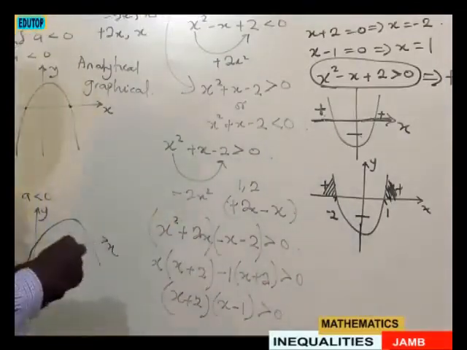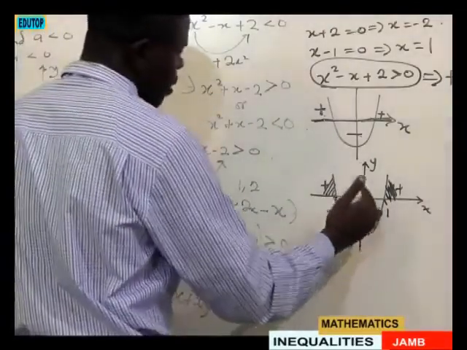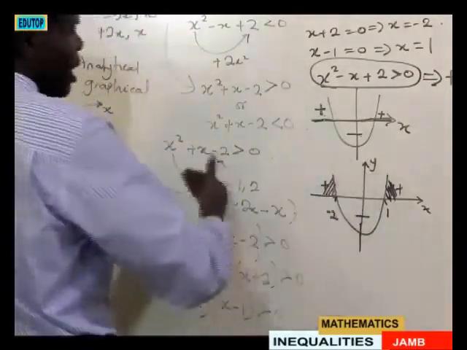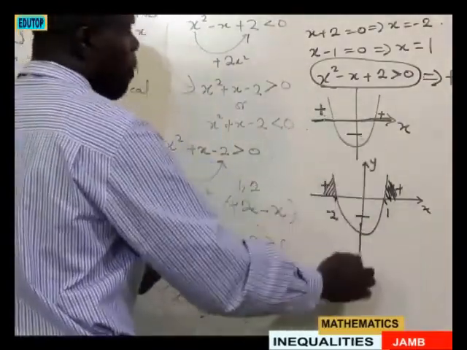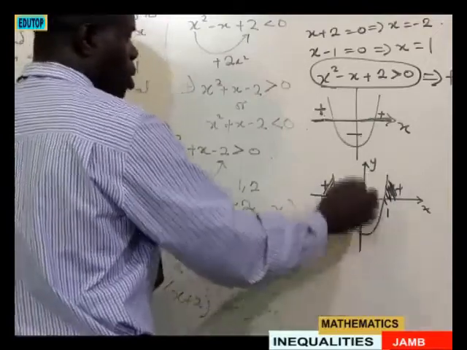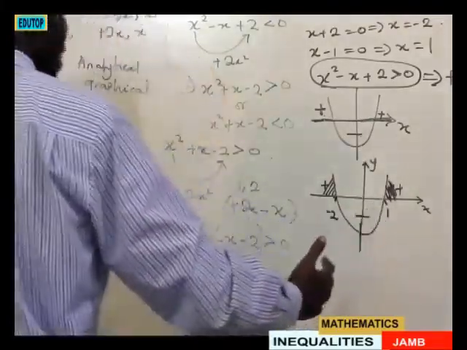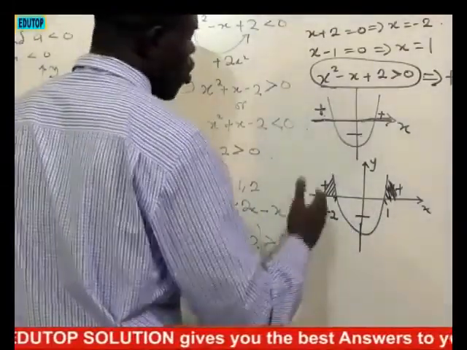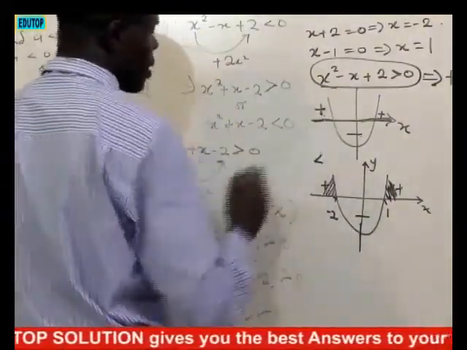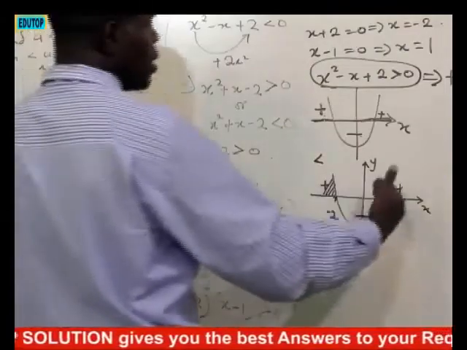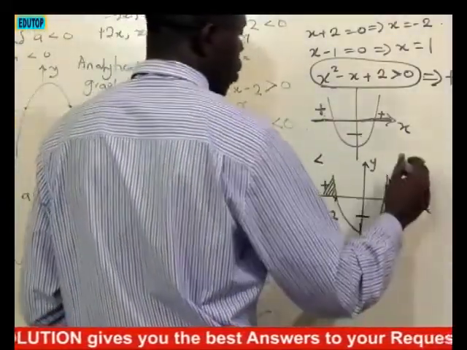The one on the left hand side of the vertical line, which is your y-axis, is going to be represented with what? Less than. Take note. And the one on the right hand side will be represented by what?